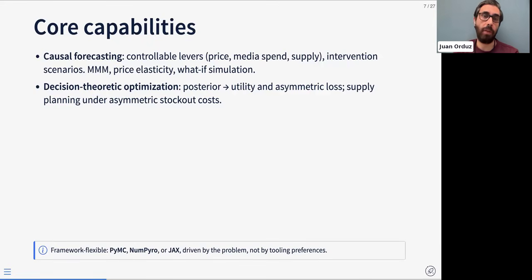The second layer is decision-theoretic optimization, which means: I have the forecast from a model, what do I do with that? At the end of the day, I want to do a certain type of optimization, which I can achieve through the output of the model from point one.